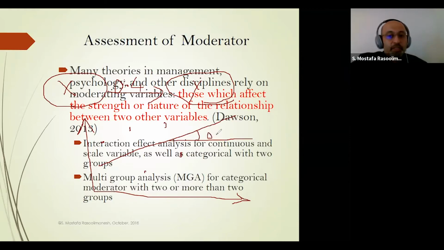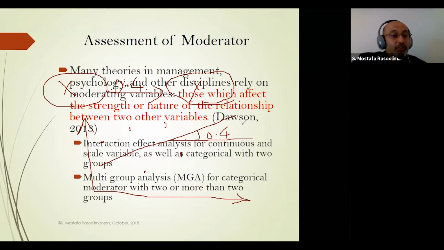So when the beta coefficient is 0.4, the slope of this line is 0.4. This can be estimated based on the regression equation, and this beta represents the effect of x to y.